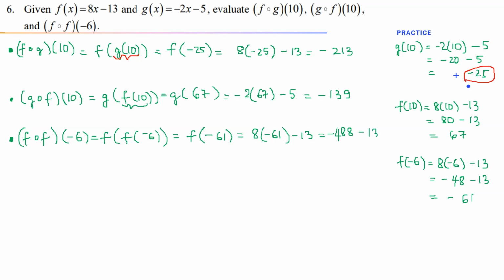Minus 13. That will be equal to negative. 8 plus 3 is 11. So write 1, remember 1. 9 plus 1 is 10, so 0, remember 1. 4 plus 1 is 5.